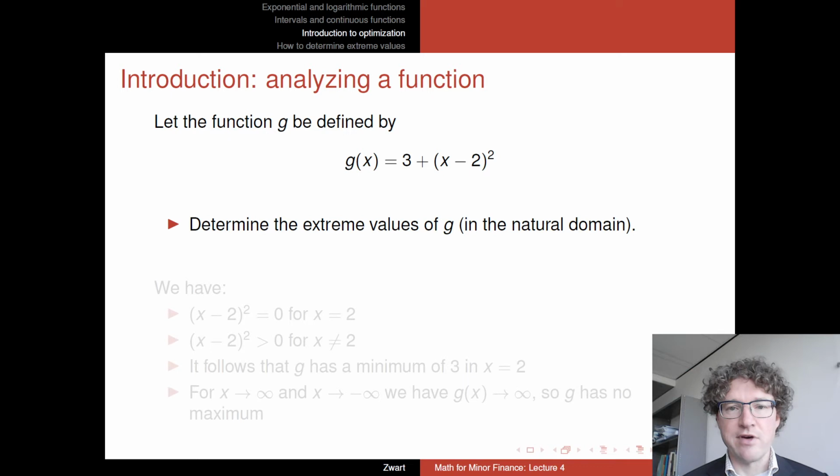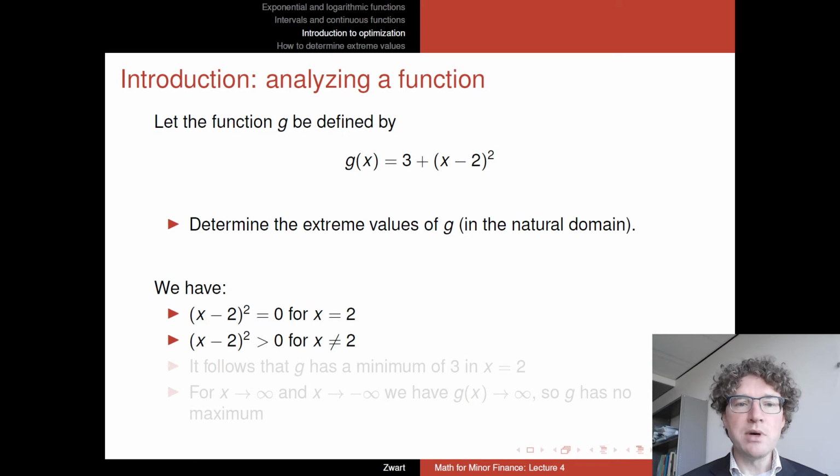So when is this function maximal and when is this function minimal? Those would be the extreme values. On the natural domain, perhaps you should first figure out what the natural domain is. This is a function for which any value of x is allowed, so the natural domain is the whole number line. Any real number x is allowed here.